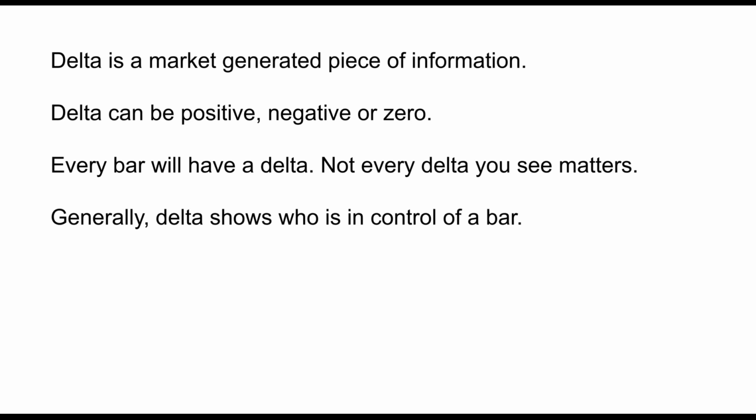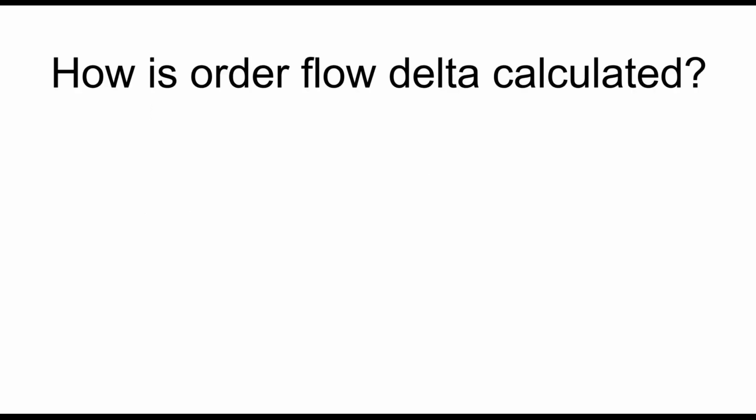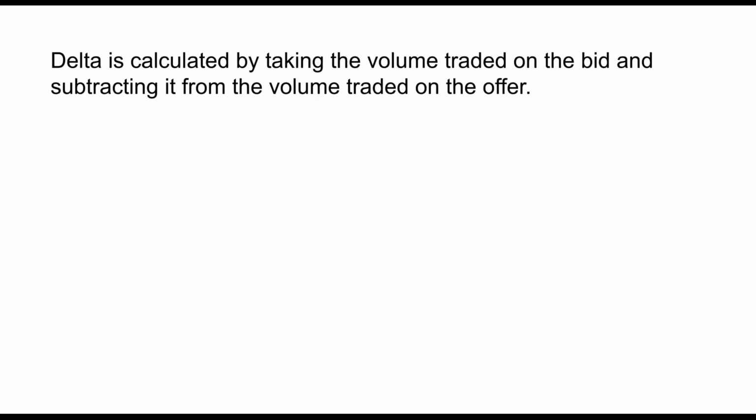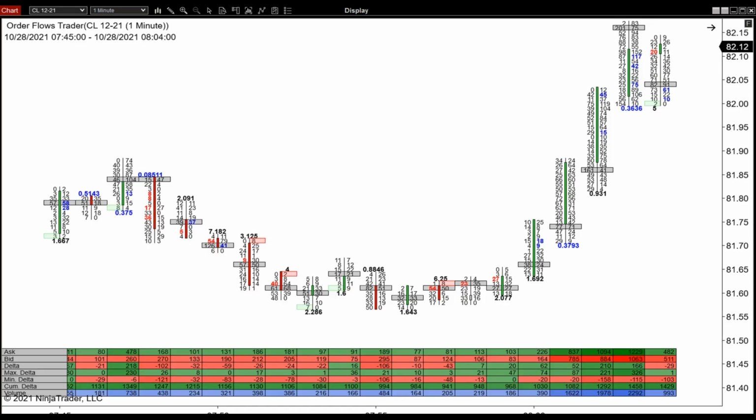Okay, so again, how is order flow delta calculated? Well, it's calculated by taking the volume traded on the bid and subtracting it from the volume that's traded on the offer. Now, most footprint charts, you can actually have the volumes that are traded on the offer and volumes traded on the bid if you want to have them on your screen. So for example, right here in the middle bar, you see delta is 16, the third number.